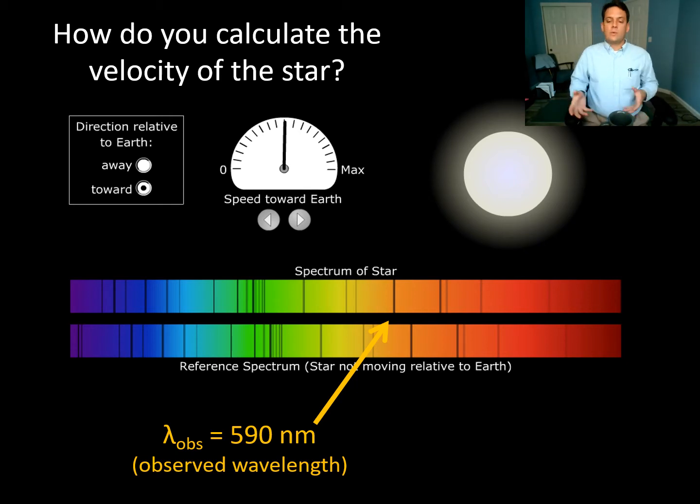So what I would do is go to my catalog of atomic fingerprints, if you will, and look at the wavelengths that would be absorbed by any given atom. I might start to get confused, because I would look at the atoms that I know are likely to be there, and I would find nothing at 590 nanometers.